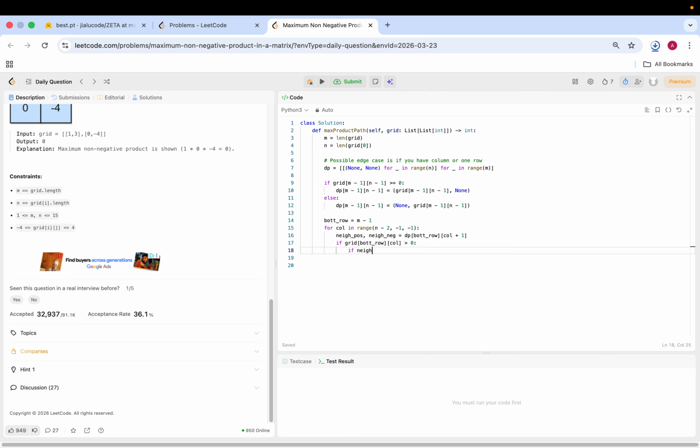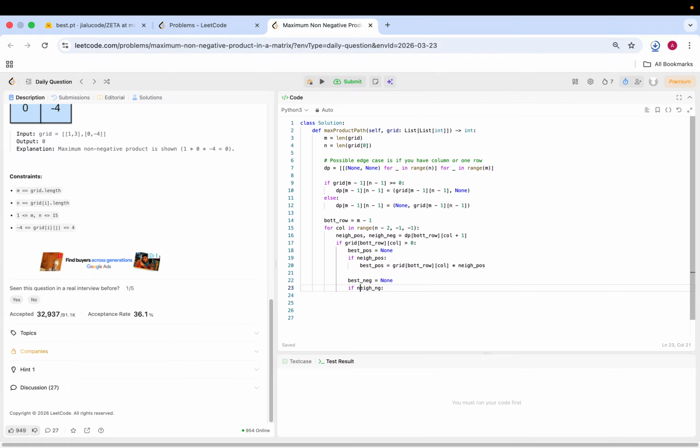If neighbors, we'll say best positive is none. If neighbors, then best positive is equal to our alpha value times the neighbor positive. Best negative is equal to none.